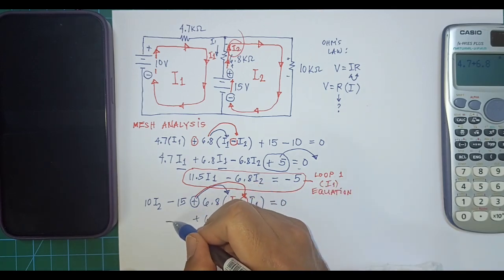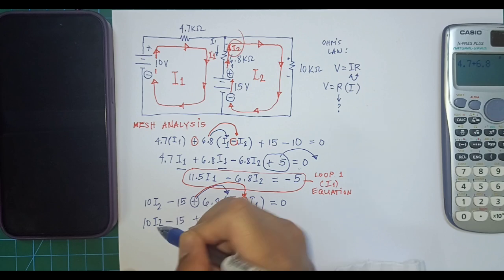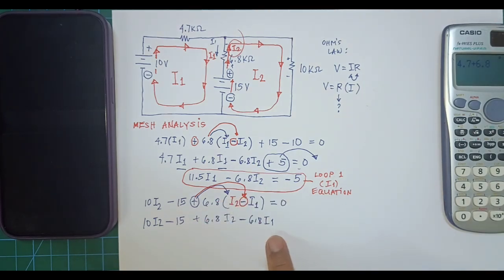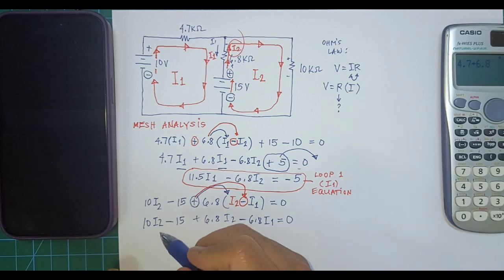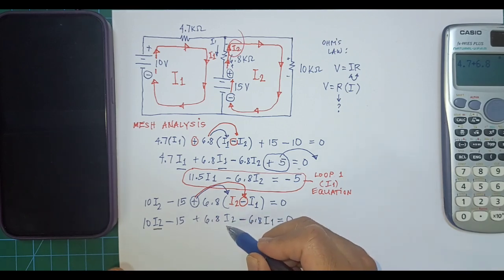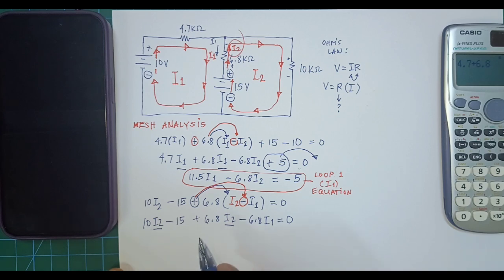And this one we will just copy minus 15, and let's copy this 10 I2. Now this is still not simplified, so we will have to put together the common terms, and this time I2, they are the same, so we can write it like 10 plus 6.8 I2, right? So we can write it again, 10 I2 plus 6.8 I2.